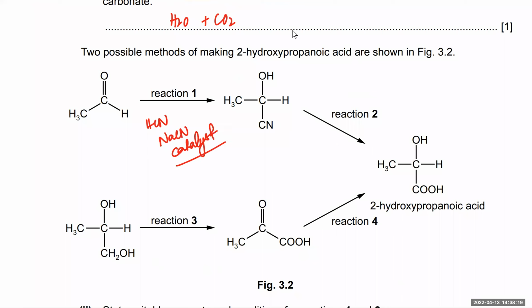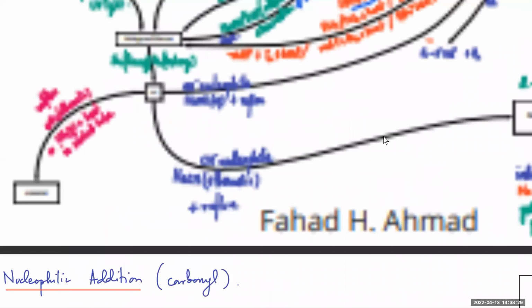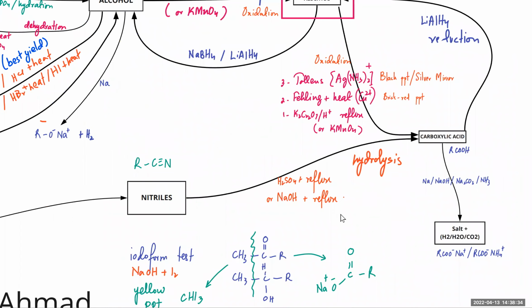Achha, for reaction number 2, what is reaction number 2? A CN turns into a COOH. I mean, this is what's happening in reaction number 2. The CN is turning into a carboxylic acid. So how does that happen? यहाँ पे given है. That's a hydrolysis of nitriles. If you have a CN, it turns into a carboxylic acid when you heat it with dilute acid, reflux, or dilute alkali and reflux.